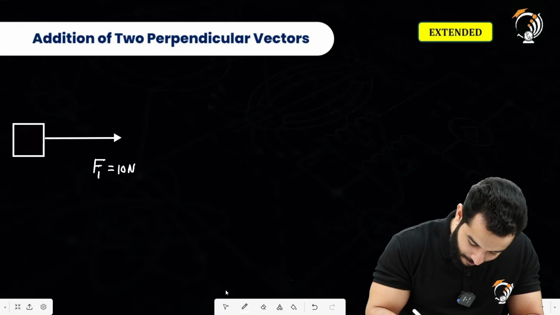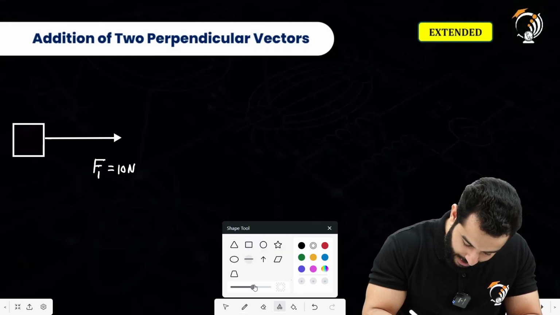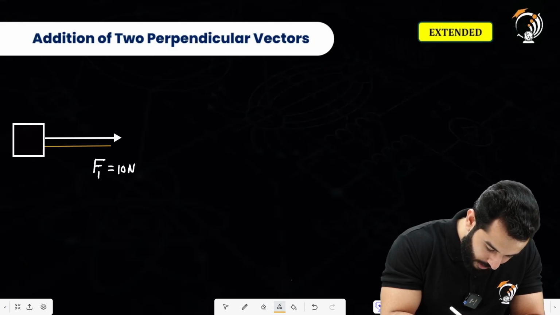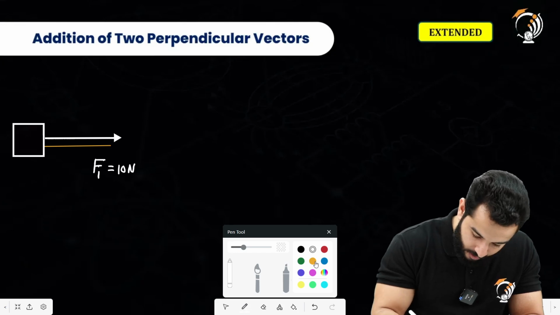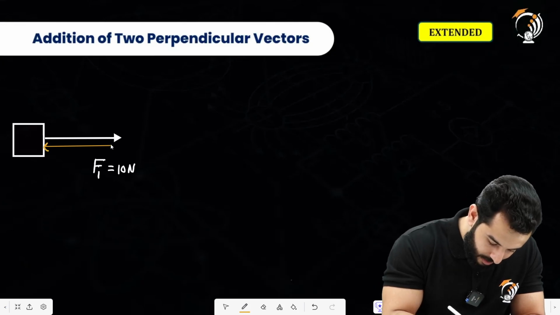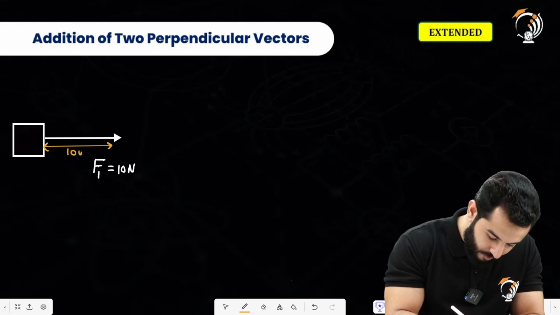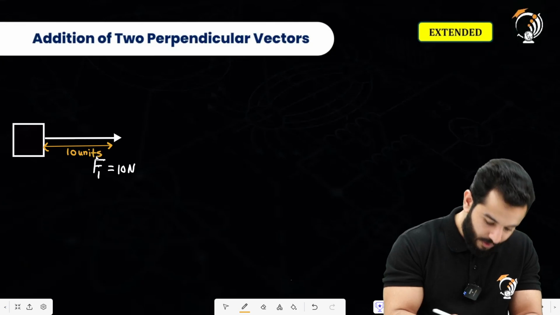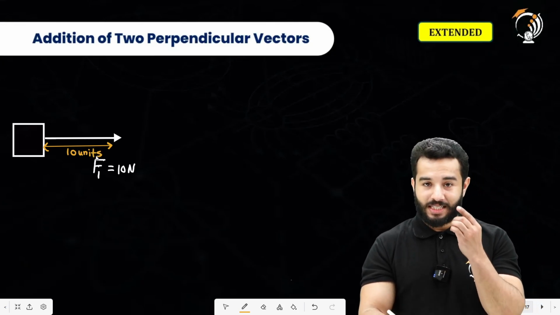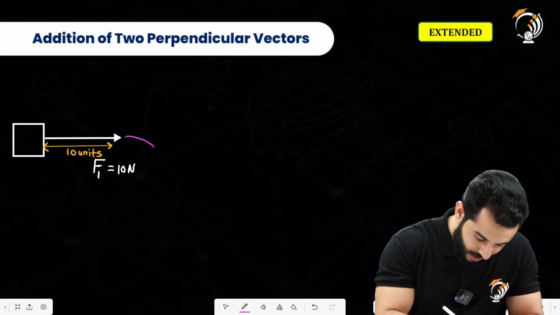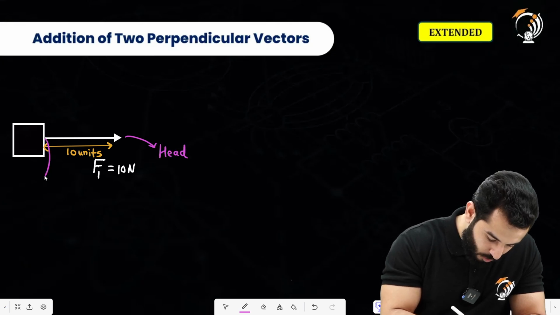So it means that the length of this arrow is going to tell you that the magnitude is 10 Newton. That means this is of 10 units. Now a vector is represented by an arrow where this is known as the head of the vector, and this is known as the tail of the vector.